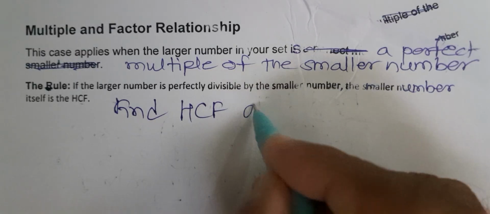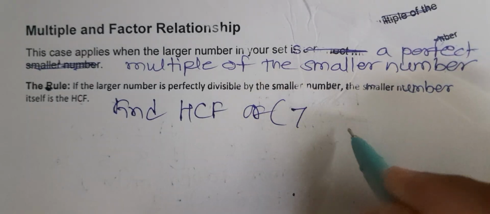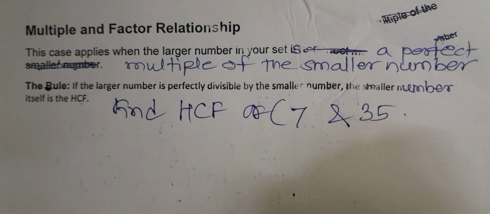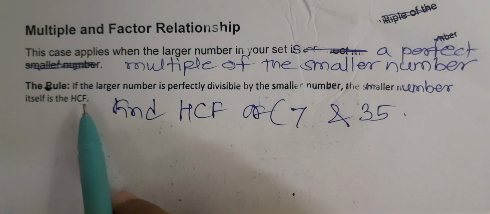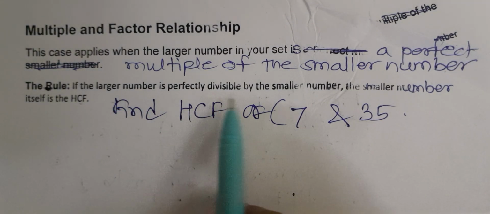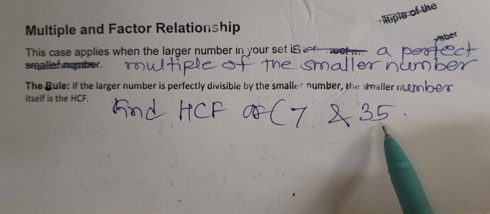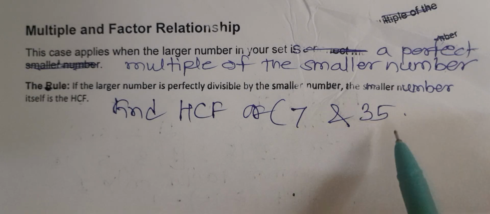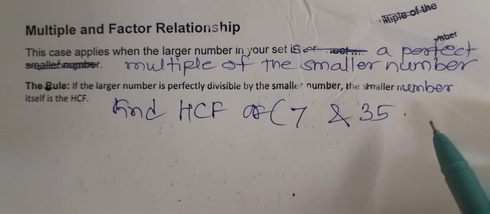As per the rule, the larger number is 35, the smaller number is 7. 7 times 5 is 35, no remainder.